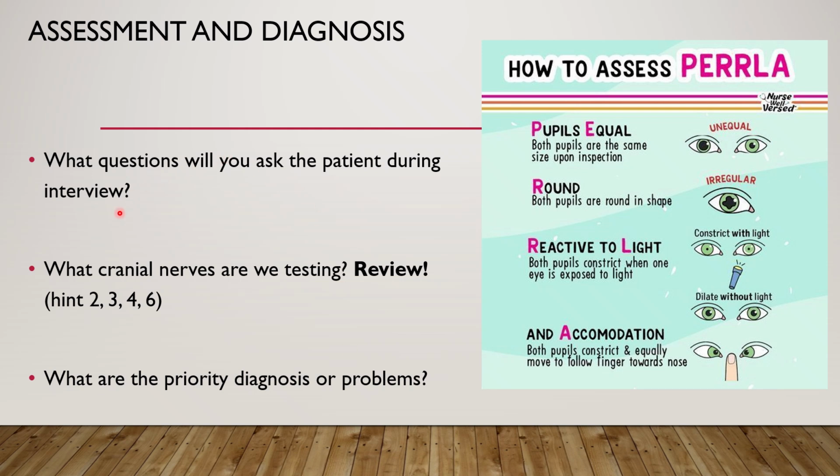So how are we going to assess the patient? What questions would we ask the patient? What time did this happen? What was happening when the trauma occurred? What flew into their eye, or what were they doing at the time of the injury? What were the circumstances surrounding it?